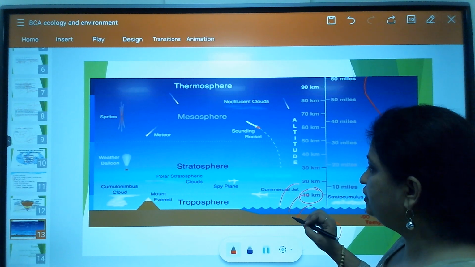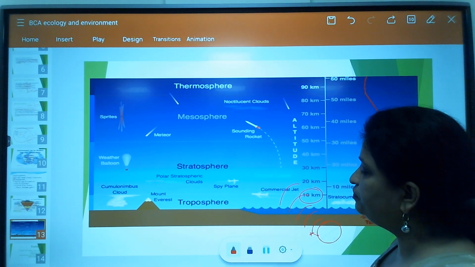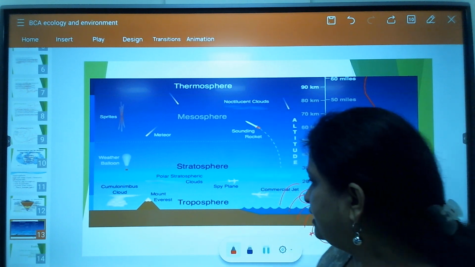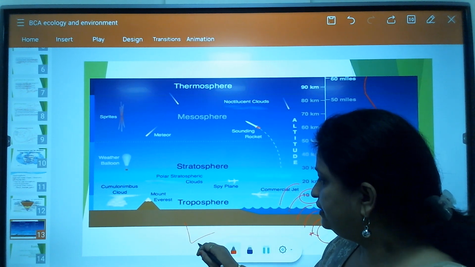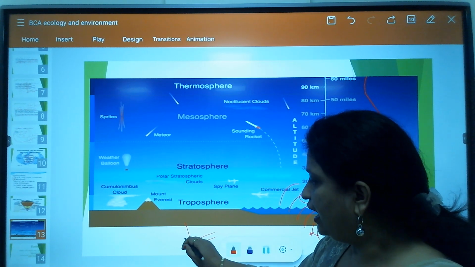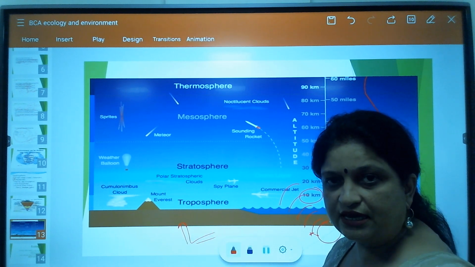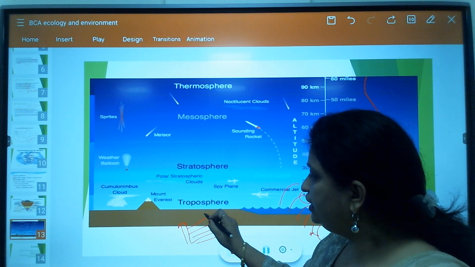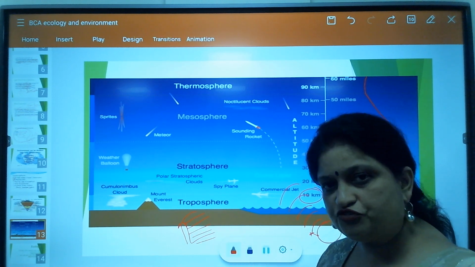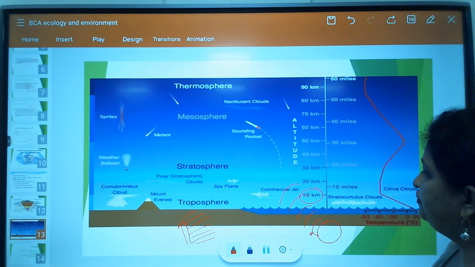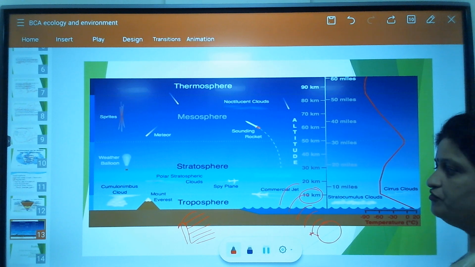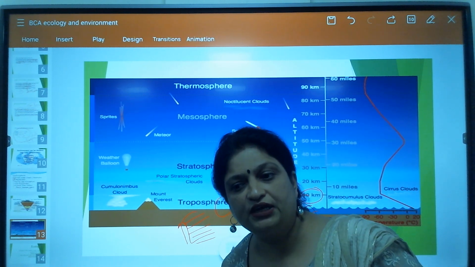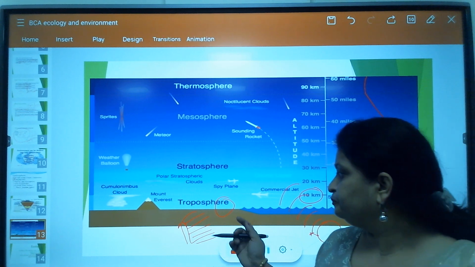For each layer, what are the functions performed? 3 things are important: temperature variation, altitude from the earth's surface, and the function performed in each layer. The function in the troposphere is thundering and raining, because we live in that.